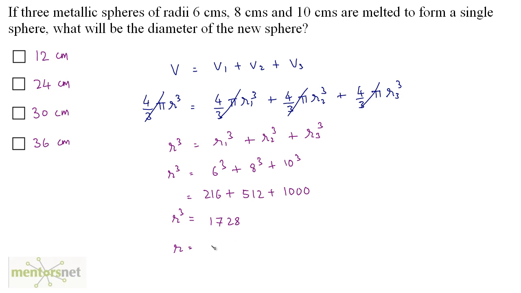So to find out r, we'll have to take the cube root of 1728, and if you take the cube root of 1728, you'll get 12. So radius is 12 centimeter. We have been asked what is the diameter of this big new sphere. So diameter is equal to twice the radius, and twice of 12 is 24 centimeter. So we have option B as the correct answer.